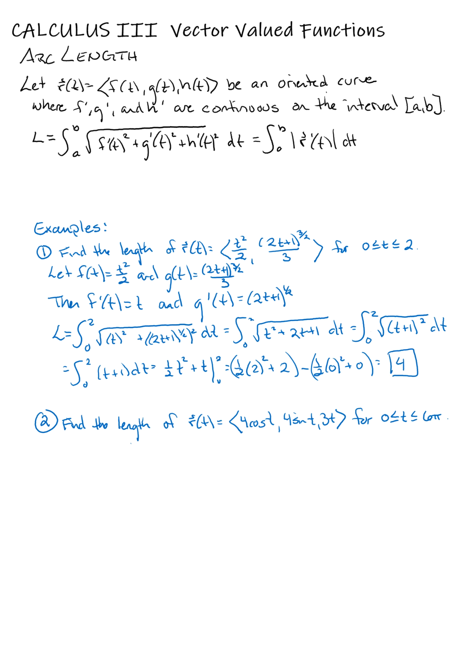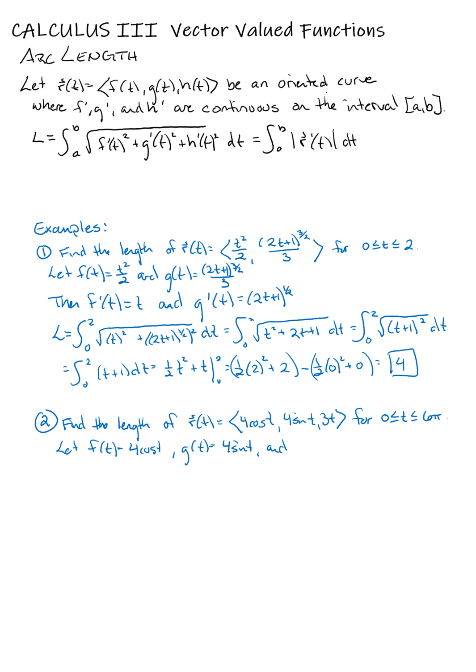Let's take a look at example 2. We want to find the length of the curve r of t defined by the components 4 cosine t, 4 sine t, 3t for t going from 0 to 6 pi. All right, to begin with, again, we'll define f of t as 4 cosine t. g of t, we'll let that be 4 sine t.